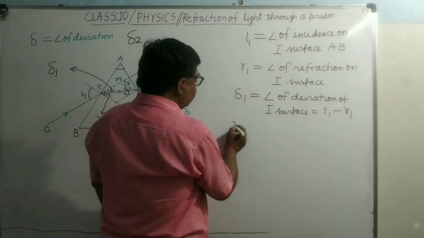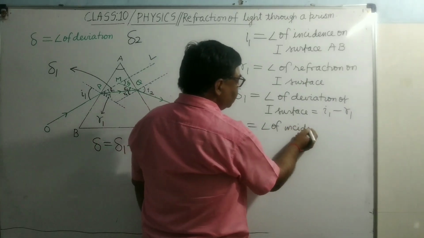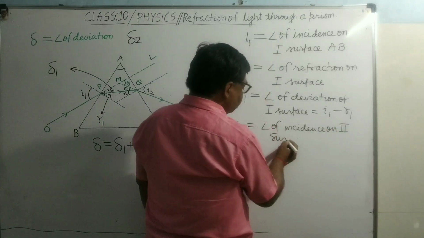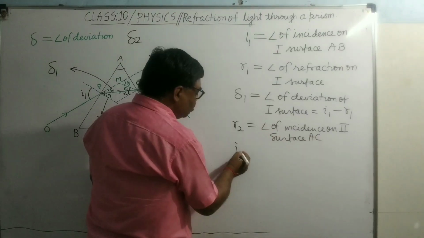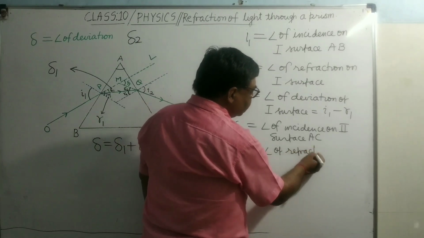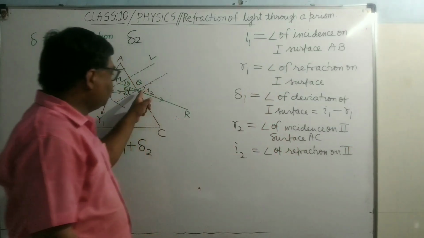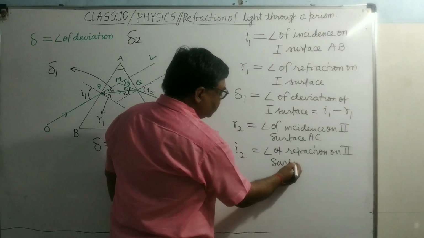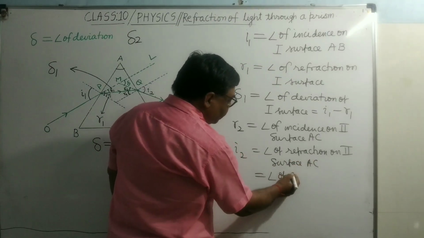Now R2 is the angle of incidence on the second surface AC. I2 is the angle of refraction on the second surface AC. You can see I2 is the angle of refraction on the second surface AC. And this we also call the angle of emergence.